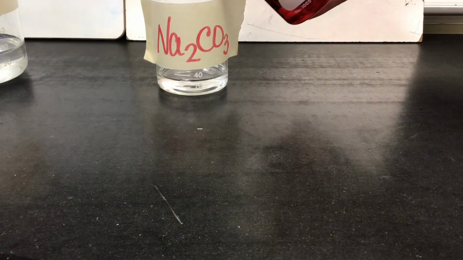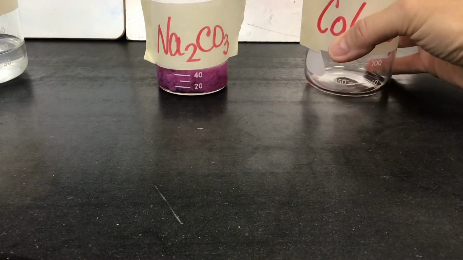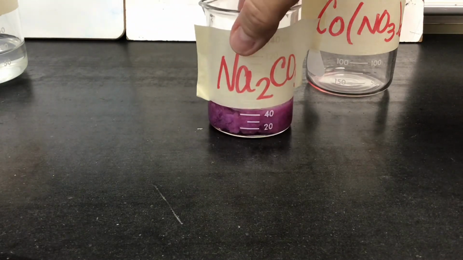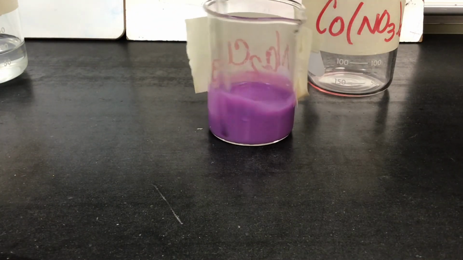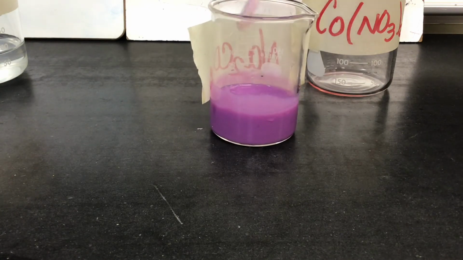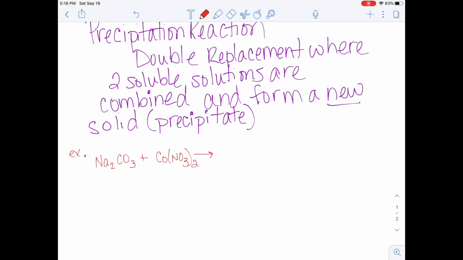And if we put them together, we now see a precipitate form, these chalky, thick, pink particles. We now need to figure out what that pink precipitate substance was.